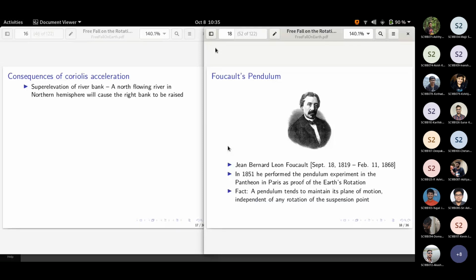In a pendulum, one of the facts we have to remember is, if you are in an inertial space and you oscillate the pendulum, its plane of motion will be maintained. Imagine there is a planar pendulum in the inertial coordinate system.